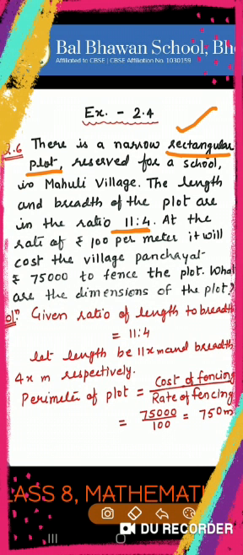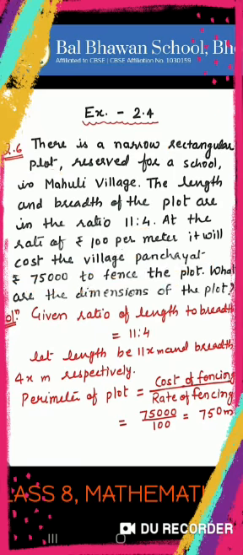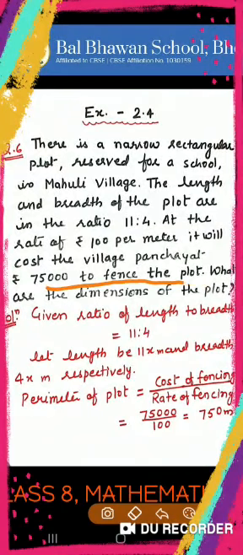Then at the rate of rupees 100 per meter, it will cost the village panchayat rupees 75,000 to fence the plot. If you read this line very carefully, you will know that rupees 100 per meter is the rate of fencing and rupees 75,000 is the cost of fencing.